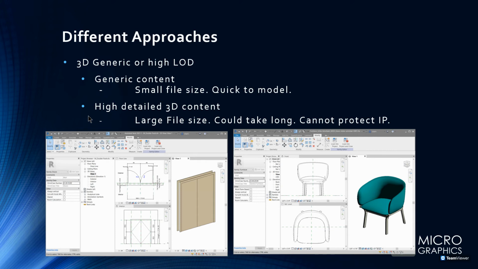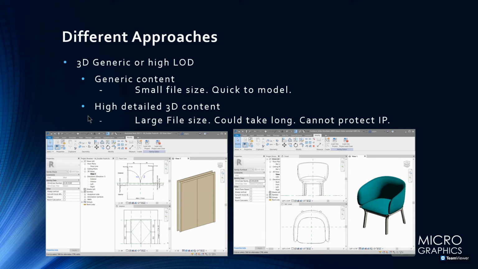So that's one approach. Then the other side of the spectrum is high detail, a lot of nuts and bolts, and it's more real life, highly detailed. But the downside is again file size.